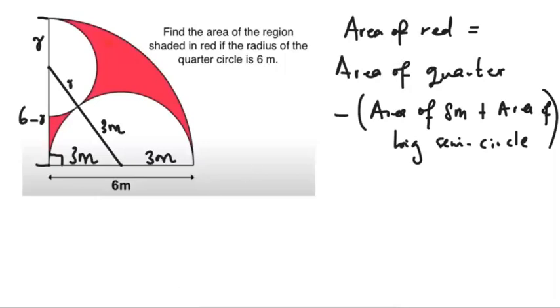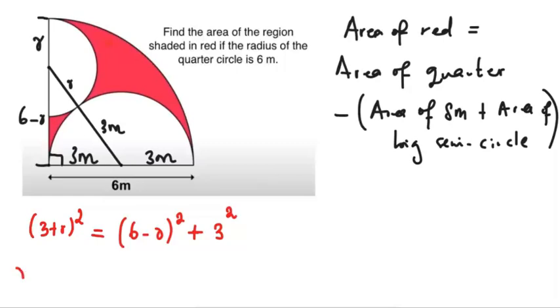We get the hypotenuse, total length of the hypotenuse, is R plus 3. So R plus 3 squared will be equal to the sum of the squares of the other two sides, which is the opposite side squared, which is 6 minus R, plus the adjacent side squared, which is 3 squared.